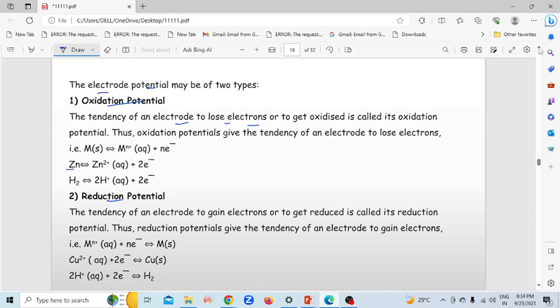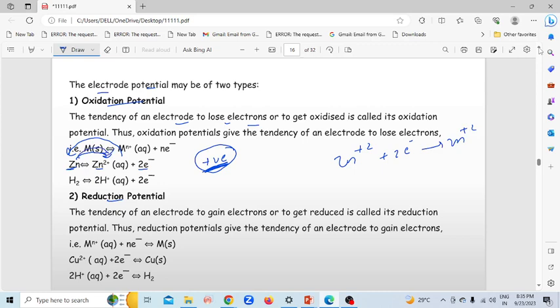So zinc is converting into Zn2+ plus 2 electrons. So zinc has a tendency to lose electrons, so its oxidation potential will be positive. But suppose we think about the reverse reaction, Zn2+ converting to Zn.